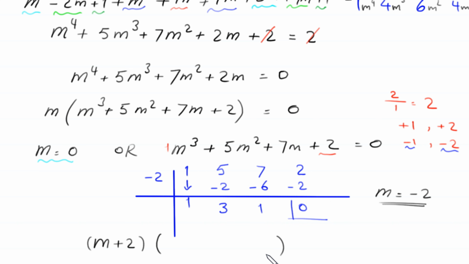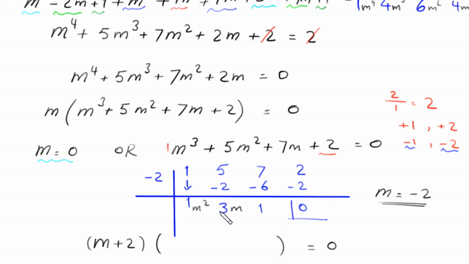And to find the other factor, we use this 1, this 3 and this 1. Here we have the third power of m, and one power we have already written here. So with this 1 we write m squared, and with this 3 we write m, and this 1 remains constant.